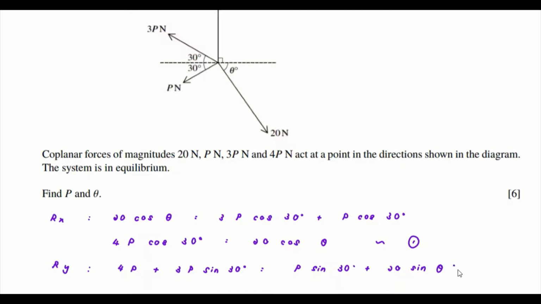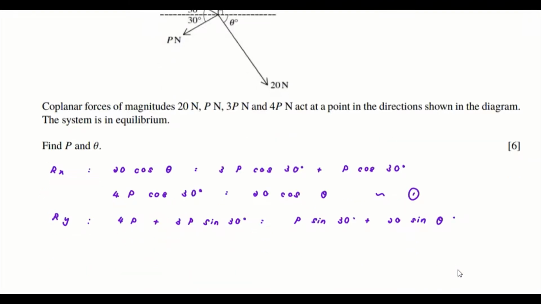I hope that you are all right. Let's simplify it as well. You can see these two we can combine together, so I get 4p plus 2p sine 30 will be equal to 20 sine theta.